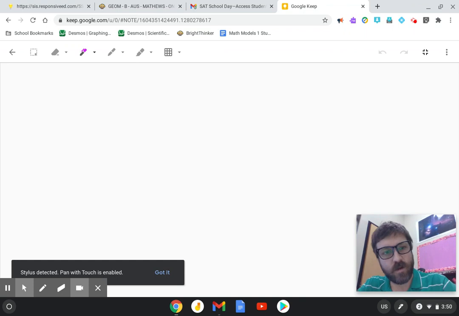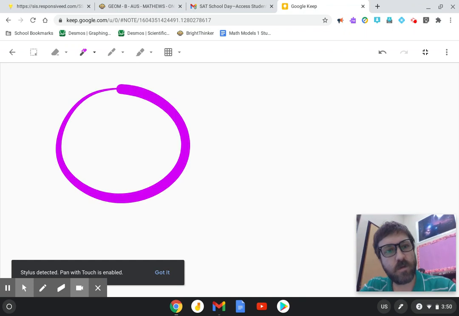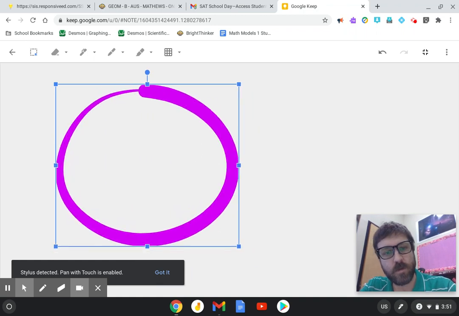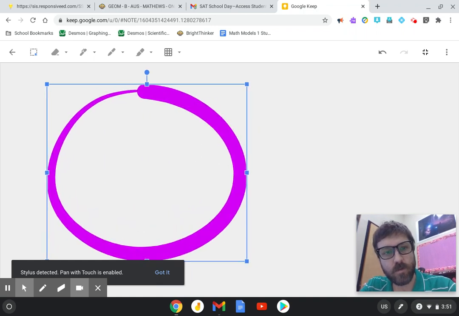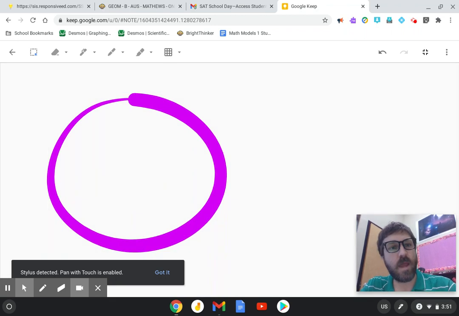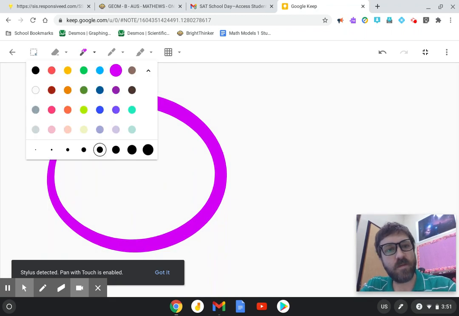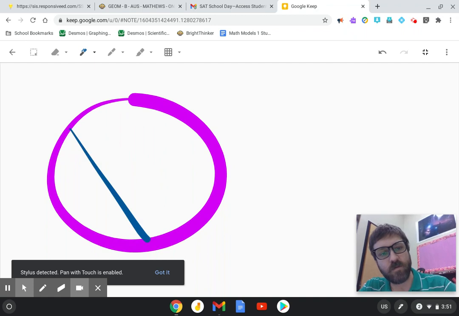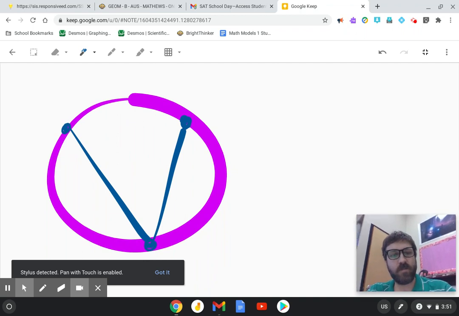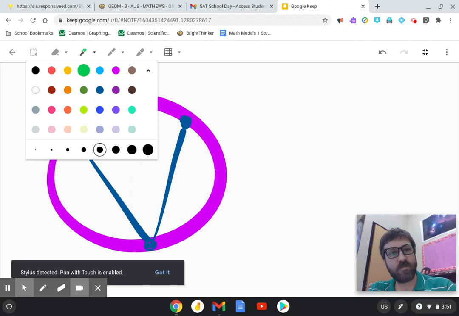So the main one they're introducing here, we have a circle, is called an inscribed angle. An inscribed angle is any angle that has all 3 points on the circle. So we're talking about this circle here.